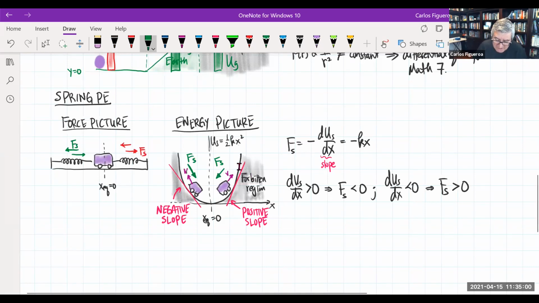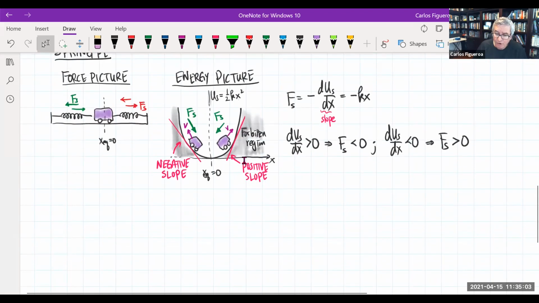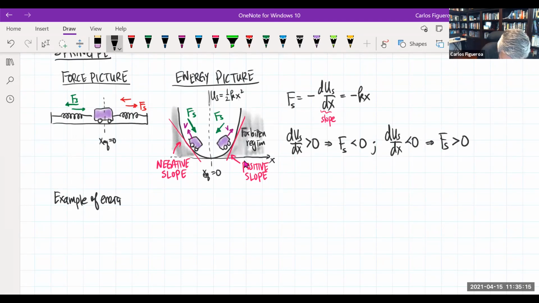And so if I look at my spring, if I take a cart and I now release it, let's do this as an example of energy conservation. Let's imagine that I have my system here. What I'm going to do is take my cart, and here's my equilibrium.